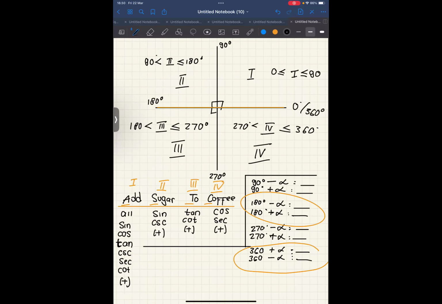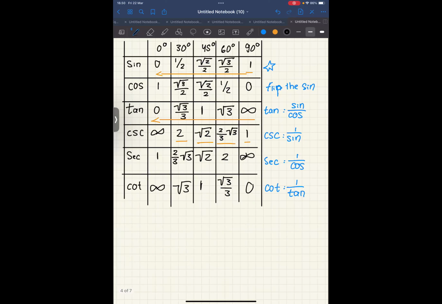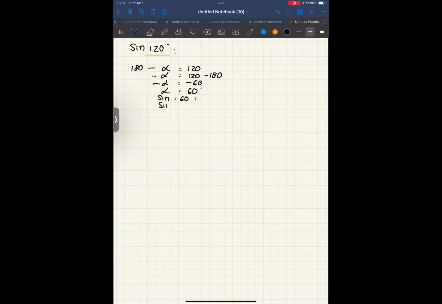As I said before, if it is on 180 degrees or 360 degrees, it will not change the sine, cosine, or tangent. So it will stay sine 60 degrees, which, if we see here, is square root 3 over 2. So the result for sine 120 degrees is the same as sine 60 degrees, which is square root 3 over 2.